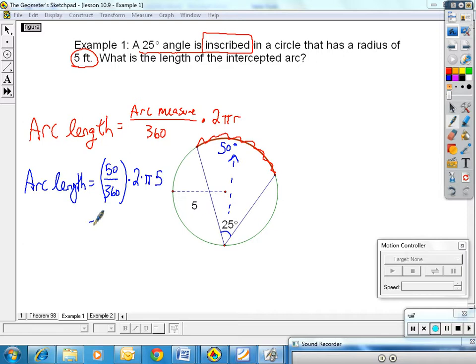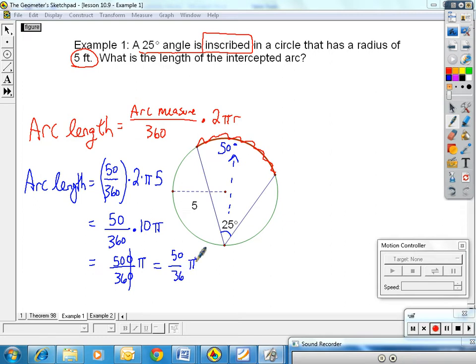And now let's simplify. 50 over 360. Multiply this by 10 pi. That's multiplying across here. We have 500 over 360 pi. I'm going to cancel out a 0. I have 50 over 36 pi. Right?